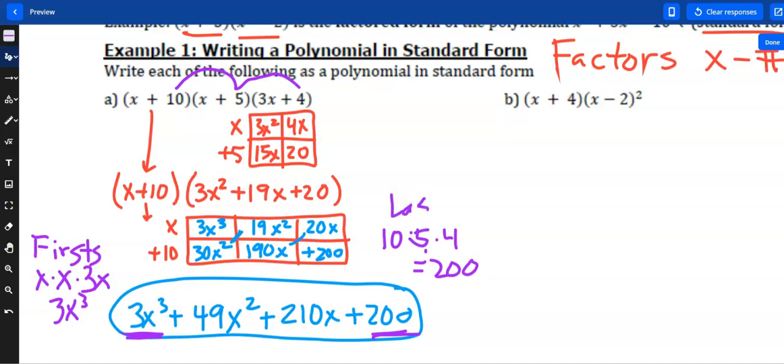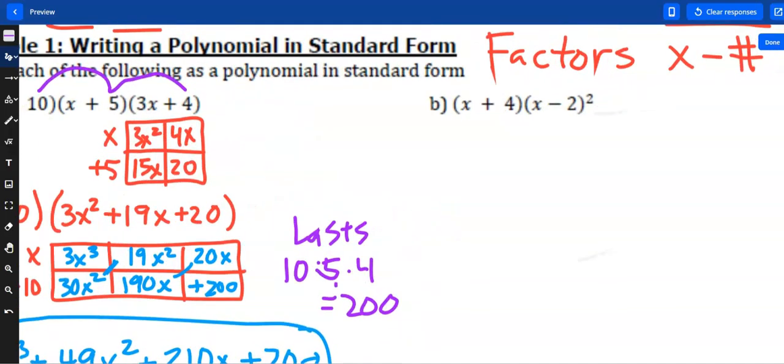We multiplied all the lasts together and we got 200. Ding, ding, ding, ding. Okay? So it will come in handy in the future to know what the first terms would multiply to be, and it will come in handy to know what the last terms would multiply to be. I just need you to be able to do that in the future, so I might as well talk to you about it now.